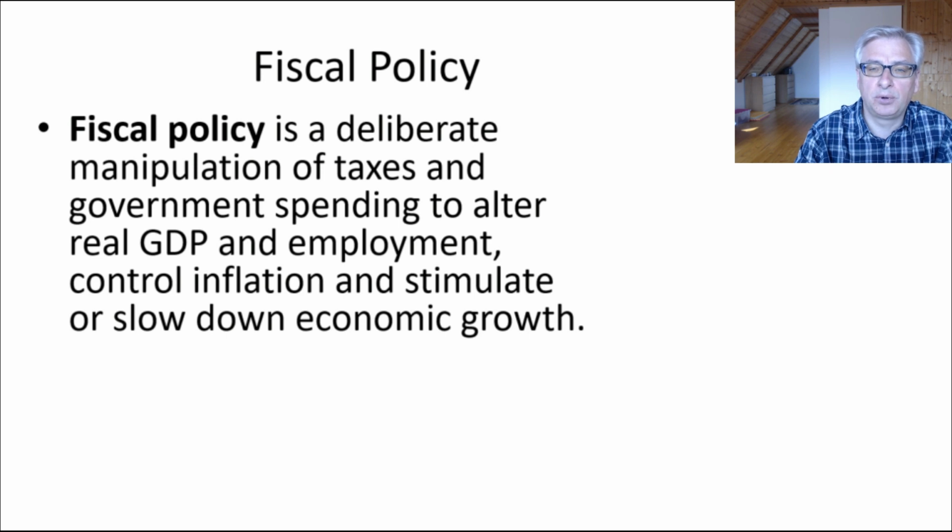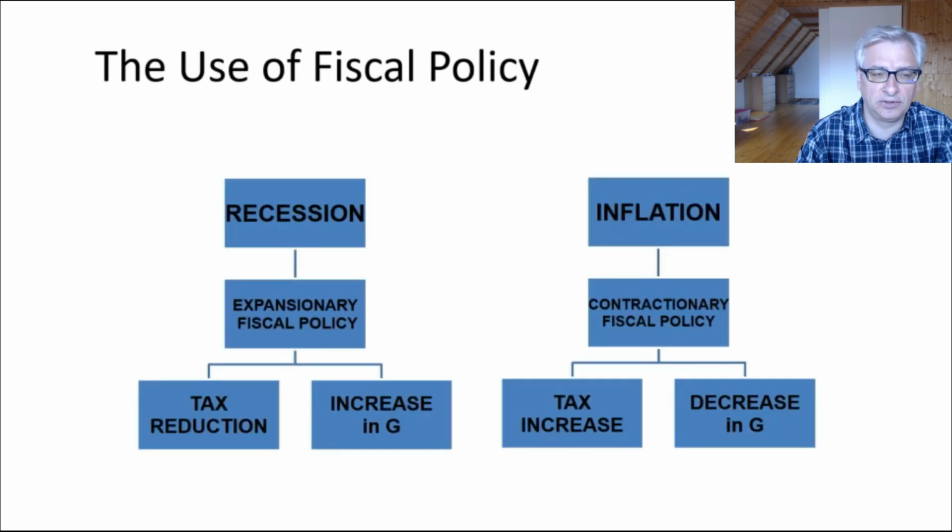The fiscal policy as a basic idea is very simple. There are two types of fiscal policy. Expansionary fiscal policy used to expand the economy, and contractionary fiscal policy aimed at slowing down the economy. So whenever recession hits the economy, there is some place for expansionary fiscal policy tools.